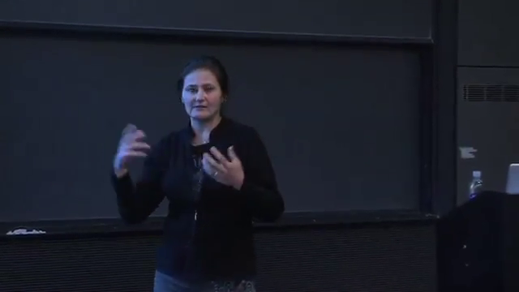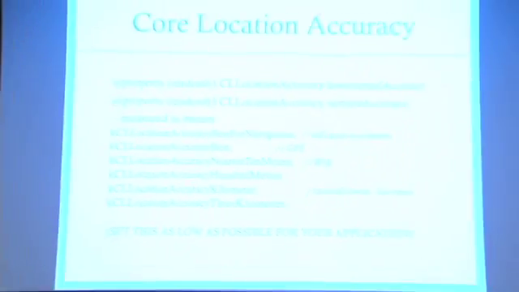It figures out which wireless networks are around you and then can determine where you are according to what wireless network you're in. And then to figure out what city you're in, there's kCLLocationAccuracyKilometer and kCLLocationAccuracyThreeKilometers, and these use cell towers and are the lowest power, so they won't drain your battery that much. So the rule of thumb is that you want to set this as low as possible for your given application.